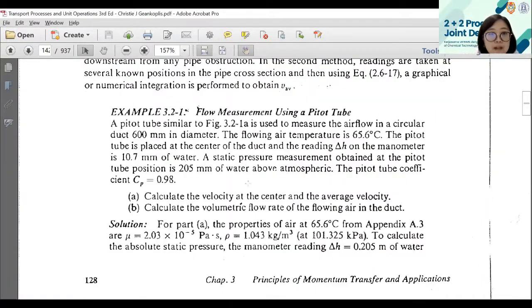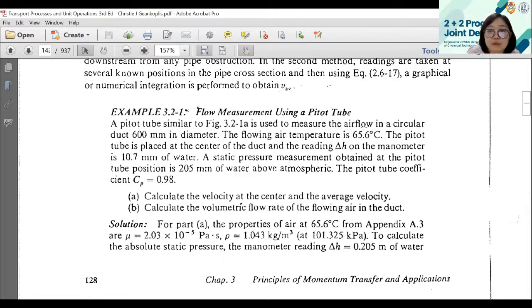So we have a pitot tube, similar to the simple tube. It's used to measure the airflow in a circular duct with the diameter of 600 millimeter.